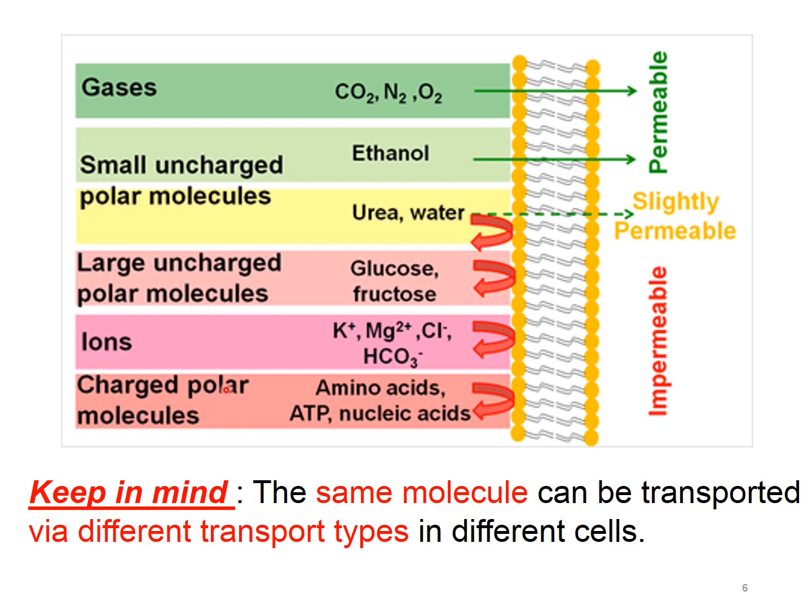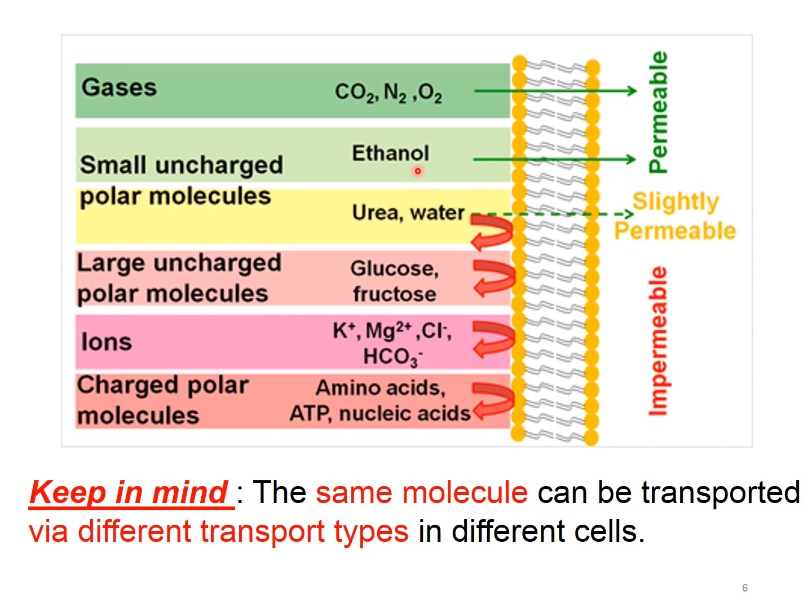For example, gases like carbon dioxide, nitrogen and oxygen: the membrane is fully permeable to them. Small uncharged molecules like ethanol: the membrane is also permeable to them.